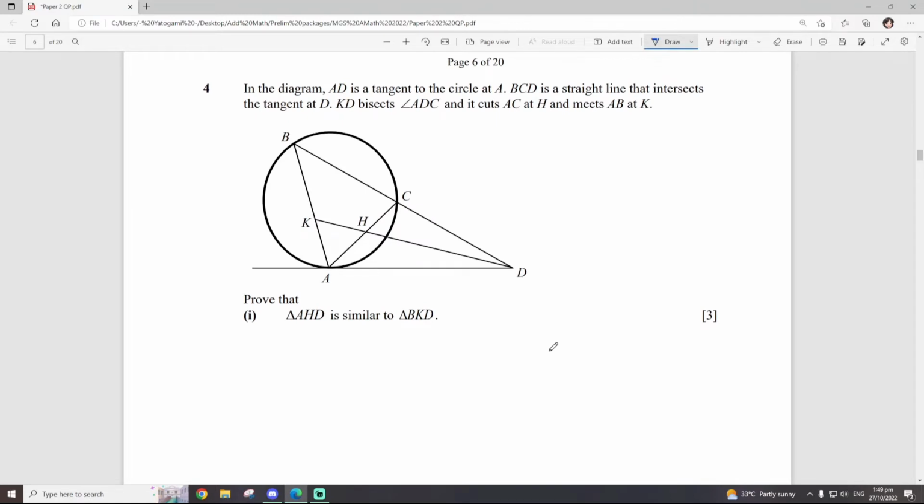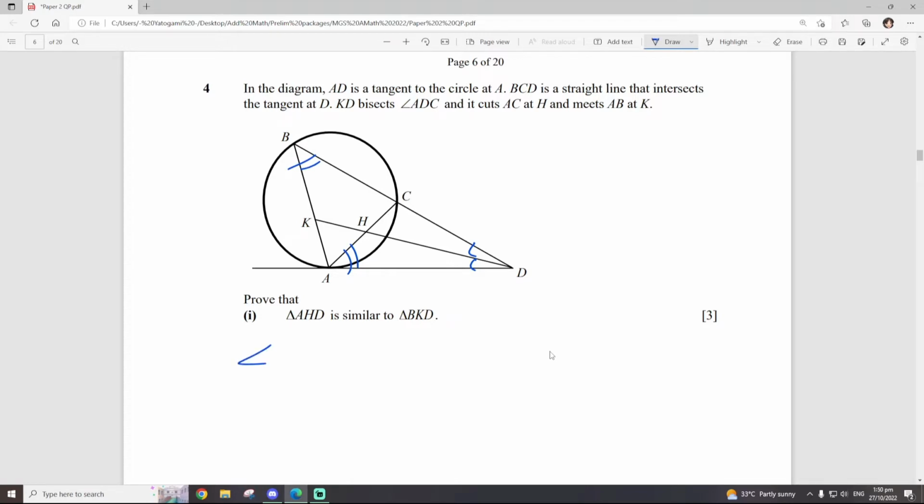Geometry proof. In this diagram, AD is tangent to the circle, BCD is a straight line. Prove that AHD and BKD are similar. KD bisects angle ADC, so these two are the same, and alternate segment theorem.